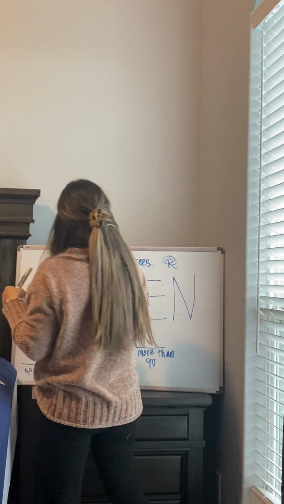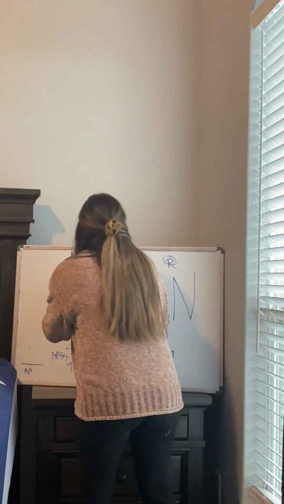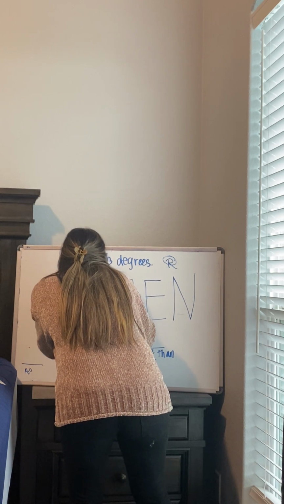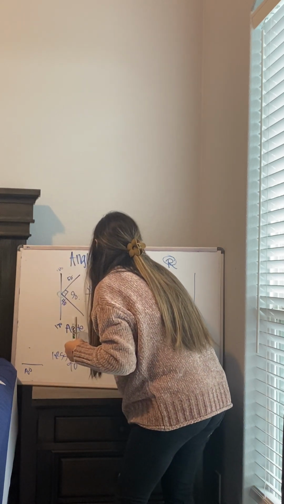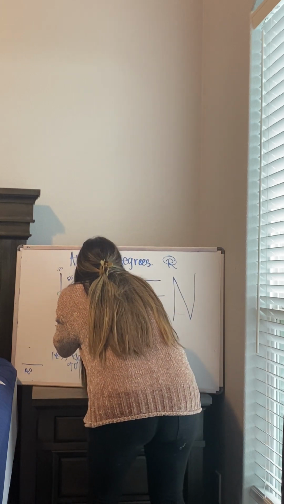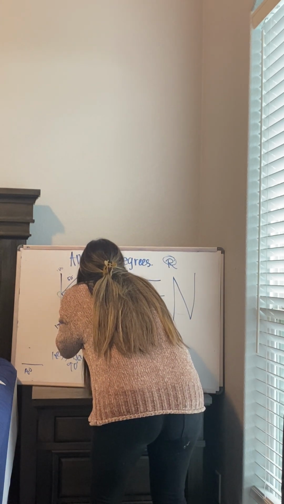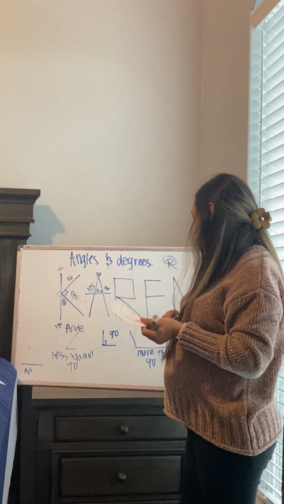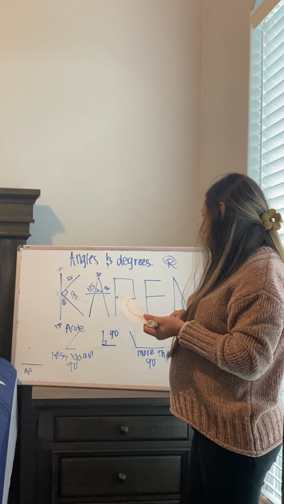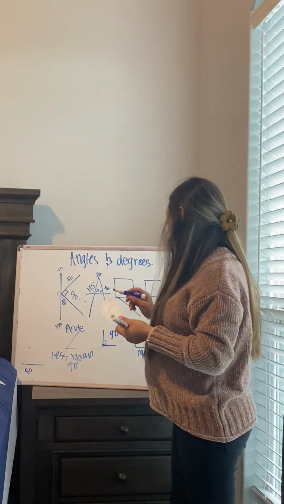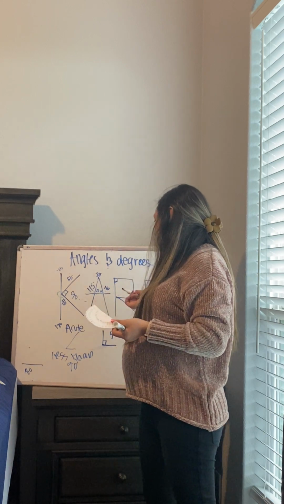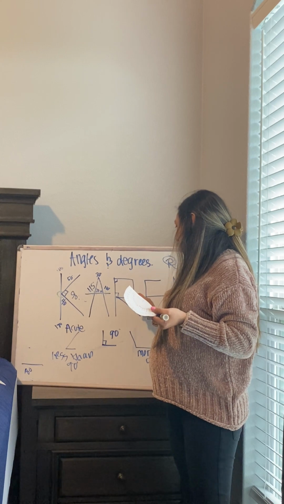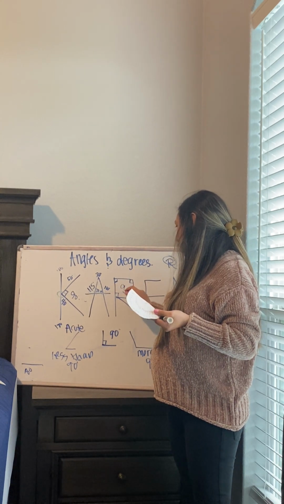Okay. This one right here, it is, let's see, it's looking like a 70 right here. Right here, it's looking like 100. So 110, 30, okay. This one right here, you should be able to look and just kind of see a right angle there. We know what right angles measure, 90 degrees.